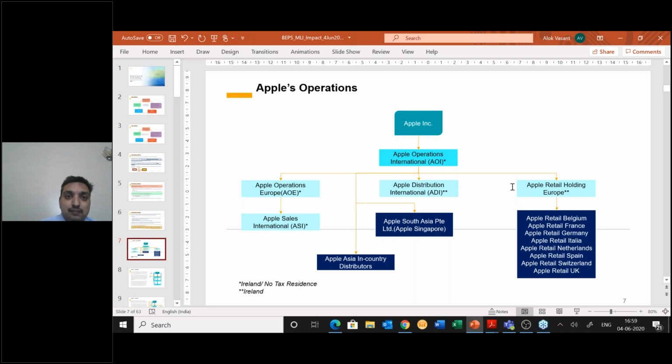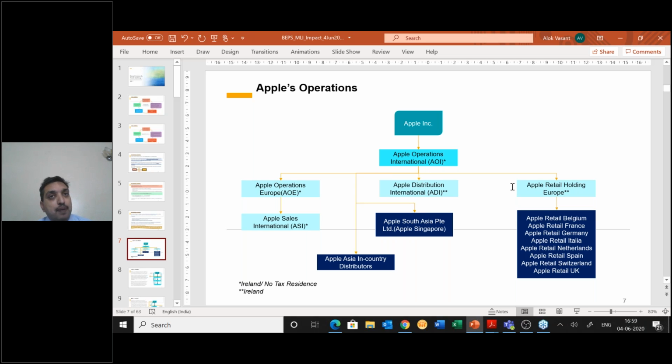Now, I'll just illustrate this with a famous case that had been in the news for a significant amount of time, and which, to my mind, was one of the reasons why BEPS happened.